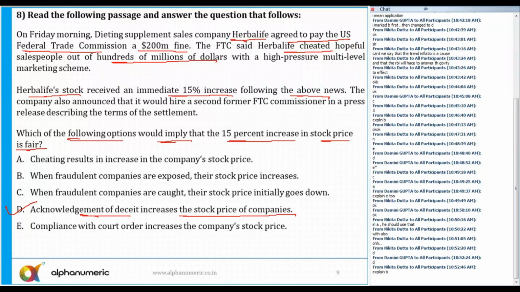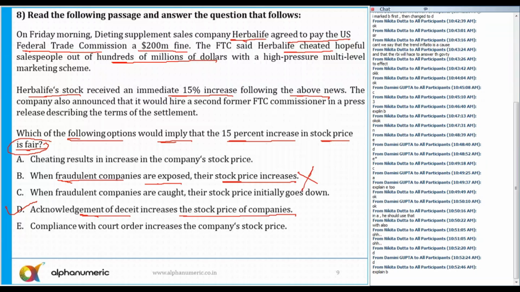Okay. Number B, Nikita. When fraudulent companies are exposed, their stock prices increase. But is this fair? When we come to know that a company has done fraud, should its share prices increase? No, that is not fair. It should not increase.